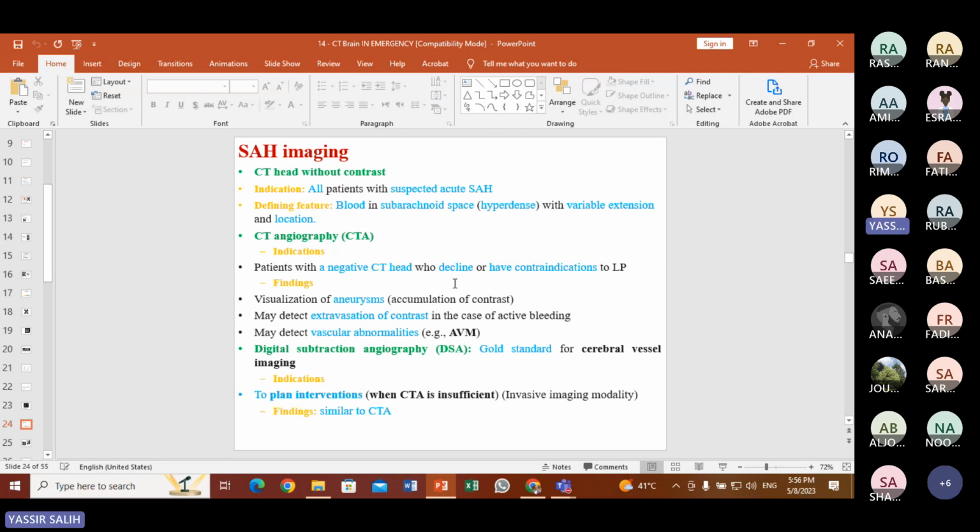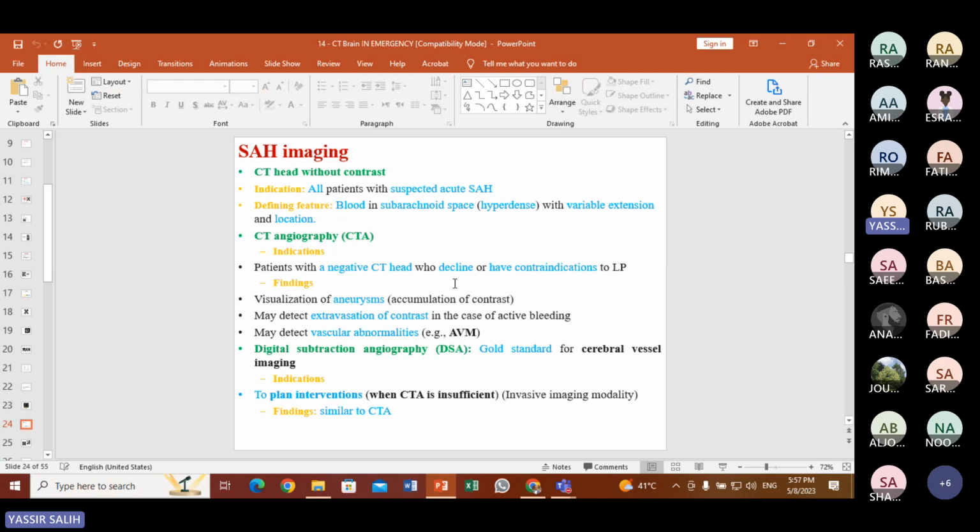Okay, if we are forced to do CT angiography, what are the manifestations of subarachnoid hemorrhage? You can see the aneurysm. As we said, the cause of subarachnoid hemorrhage may be a ruptured aneurysm. You may see the aneurysm as an accumulation of contrast, a circular area of contrast, a dilated part of the vessels, or you can see extravasation of contrast. If rupture occurred with active bleeding, you will see the contrast outside of the blood vessels, called extravasation.